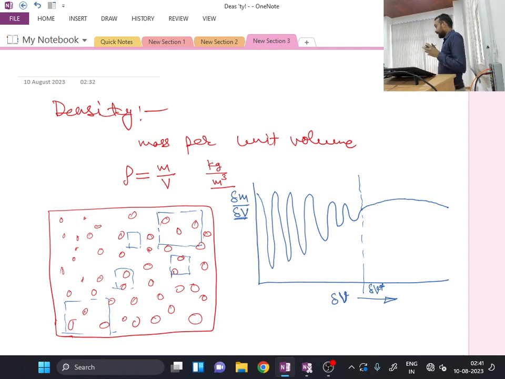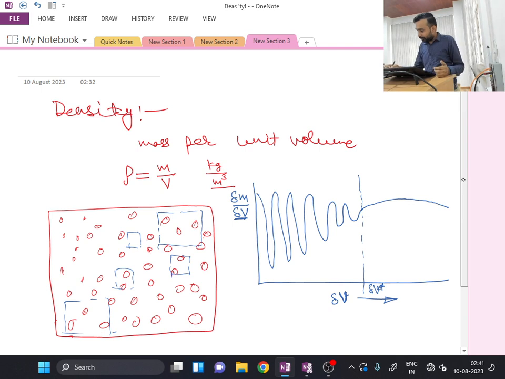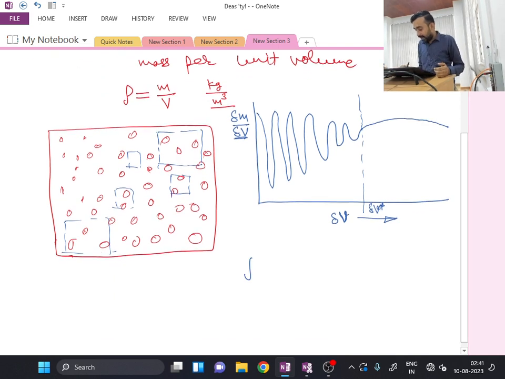If I take any volume less than delta V star, then my approach of continuum will not be satisfied. That is the reason when I define density, I put one limit: I write mathematically delta m by delta v, subject to the condition that delta v should be greater than delta v star.